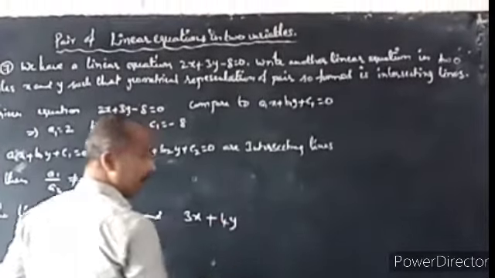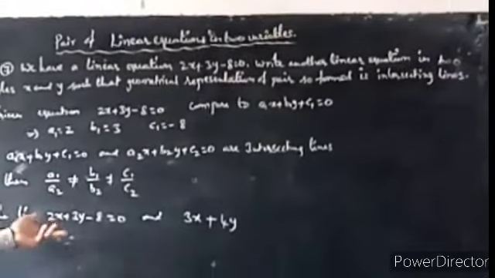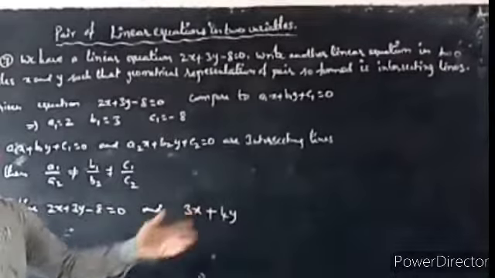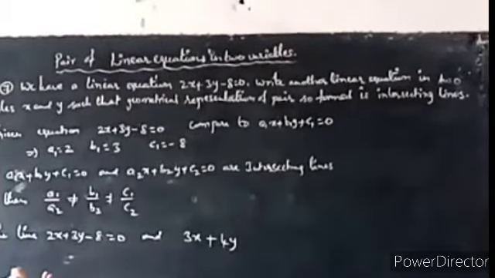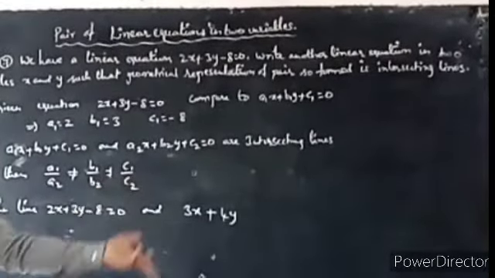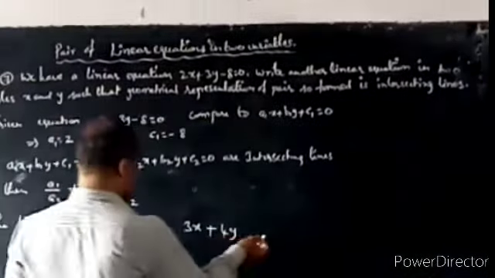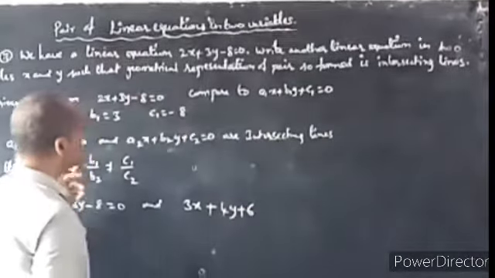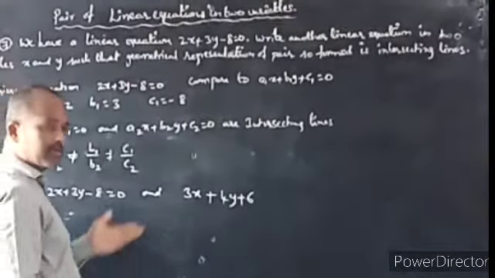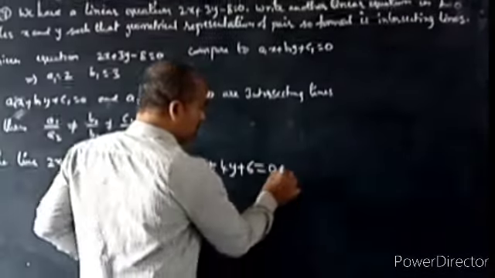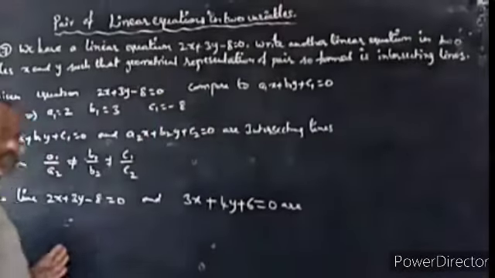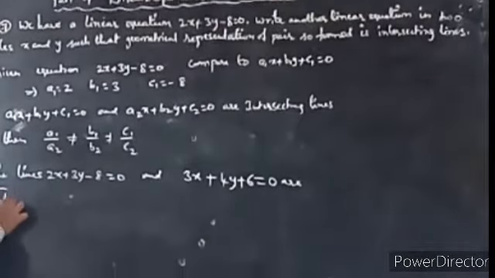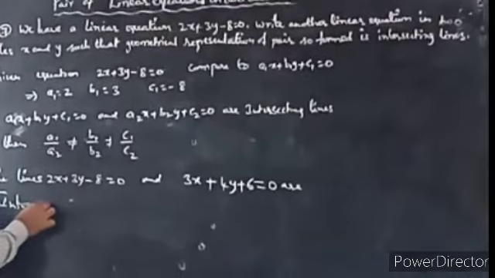These ratios cannot be equal: 2 by 3 cannot be equal to 3 by 4. Plus any number, say 6, since minus 8 is given. So 3x plus 4y plus 6 equals 0. Which type of equations are these? Intersecting lines.